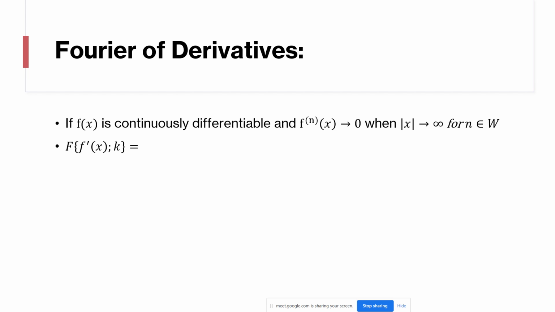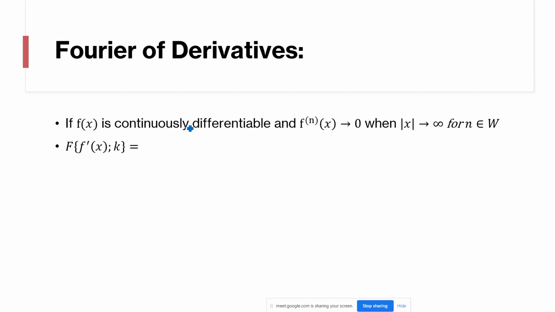If x approaches infinity, the derivative will be 0. If x approaches minus infinity, the derivative will again be 0. We just have to find the Fourier of this derivative. It's literally simple. I'll discuss the first order derivative and let you all think of the generalization.